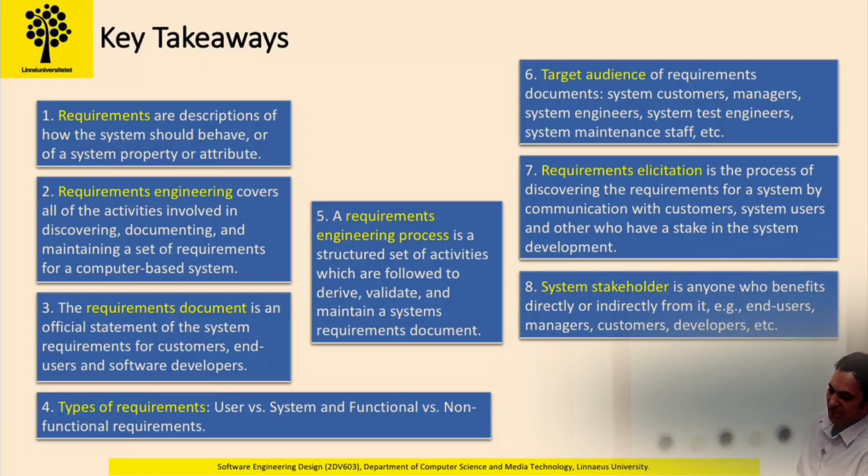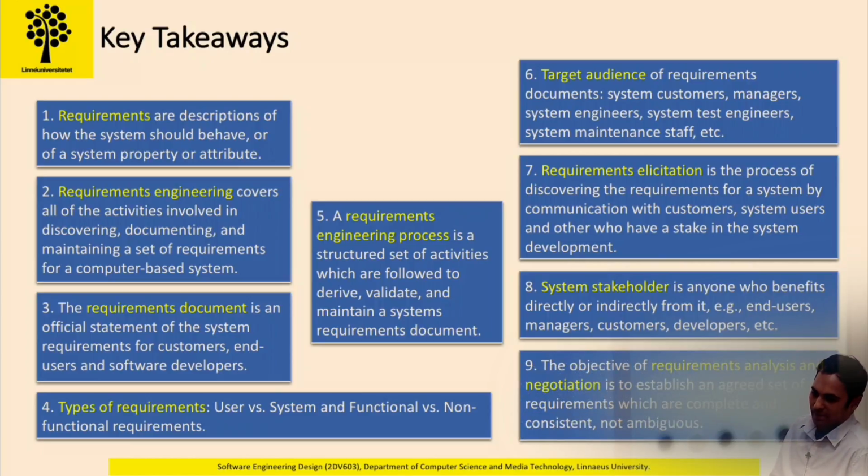And then there is also the system stakeholder. A system stakeholder is anyone who benefits directly or indirectly from it. System stakeholders are most of the time the same as the target audience of the requirements document, but the audience of the requirements document are not necessarily always the system stakeholders. And lastly, the objective of requirements analysis and negotiation. The main objective of this activity is to establish an agreed set of requirements.